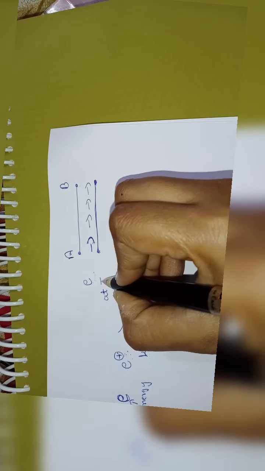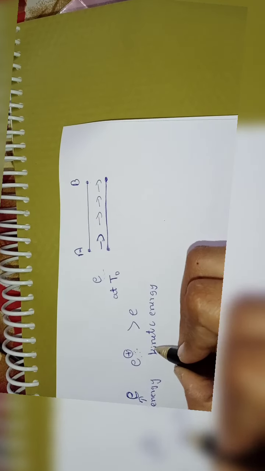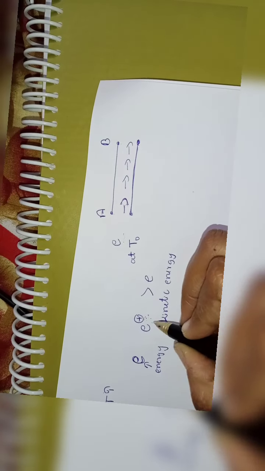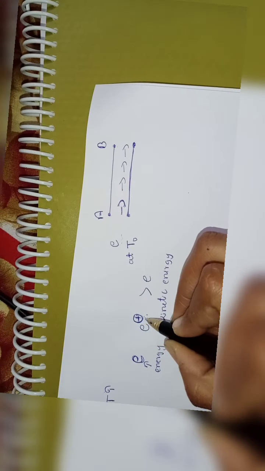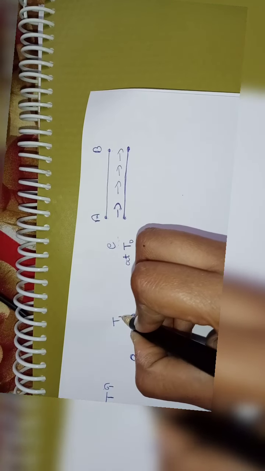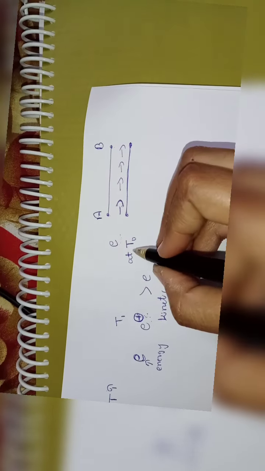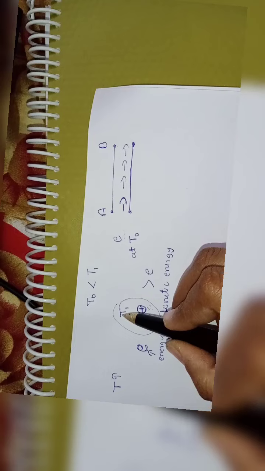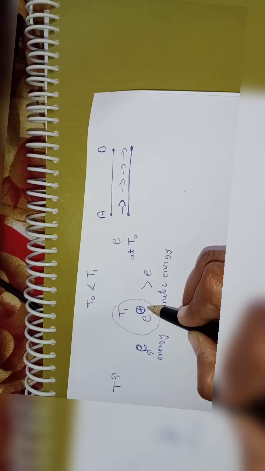Okay, now this is under T naught condition, and this is the energetic electron under T1 temperature. So T naught is less than T1. So in this case I am increasing the temperature, and the energy of the electron will get increased.